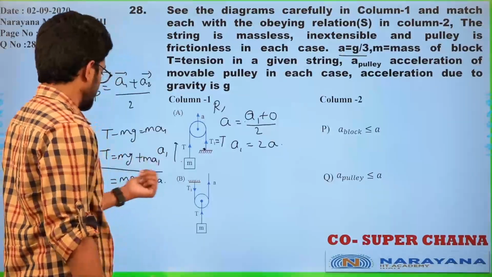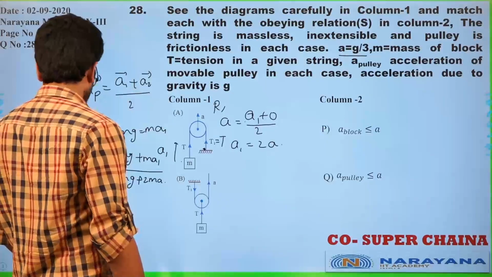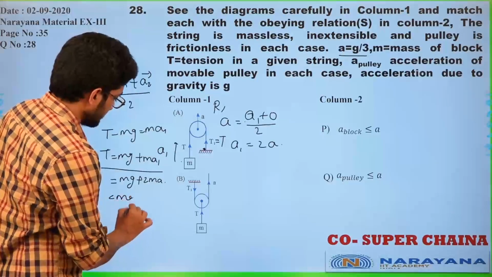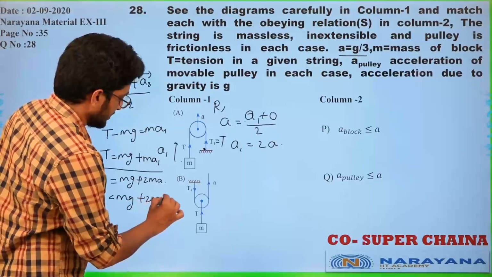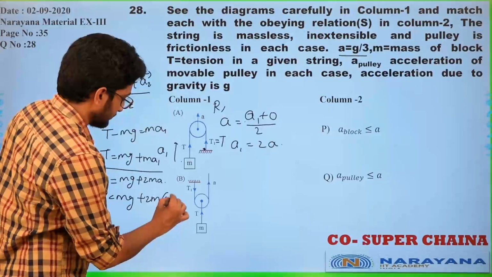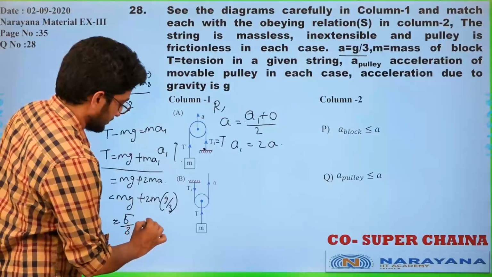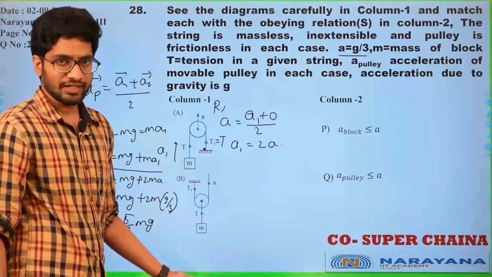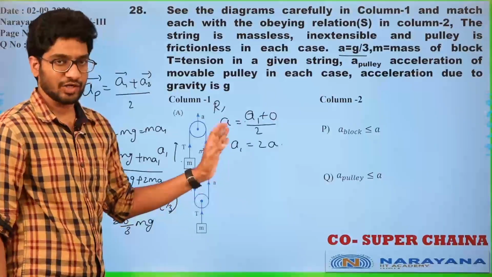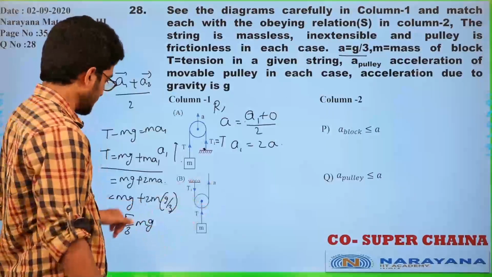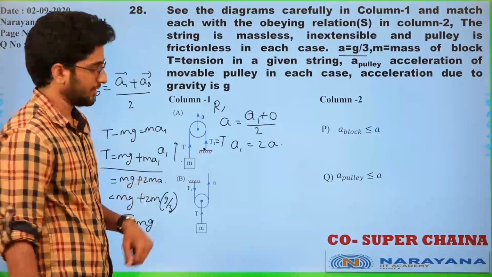We don't know whether it is more than that, but a is given as z by 3, so we can substitute here. mg plus 2m into z by 3. So that is 5 by 3 mg, which is definitely less than 3 by 2 mg. So that option is not applicable. It says tension is more than 3 by 2 mg, but here it is just 5 by 3 mg.